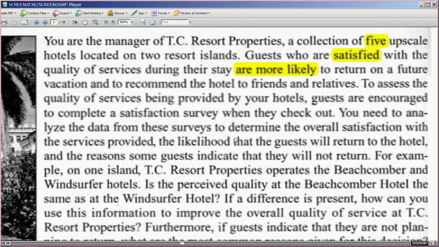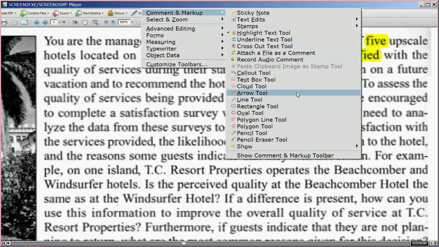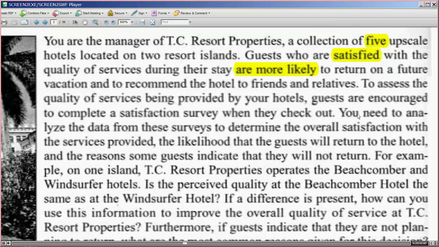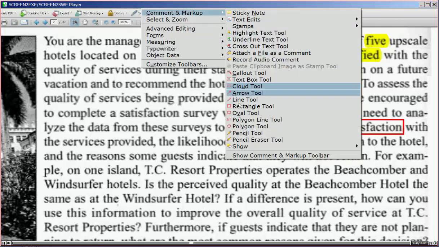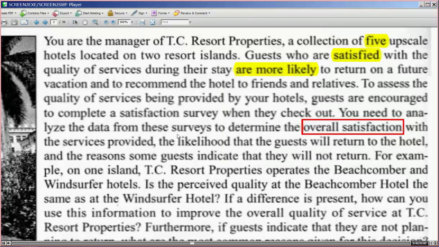So you need to analyze the data from these surveys. Let's try to use the rectangle, maybe it'll work better. To determine the overall satisfaction with the services. Determine the likelihood of return to the hotel.